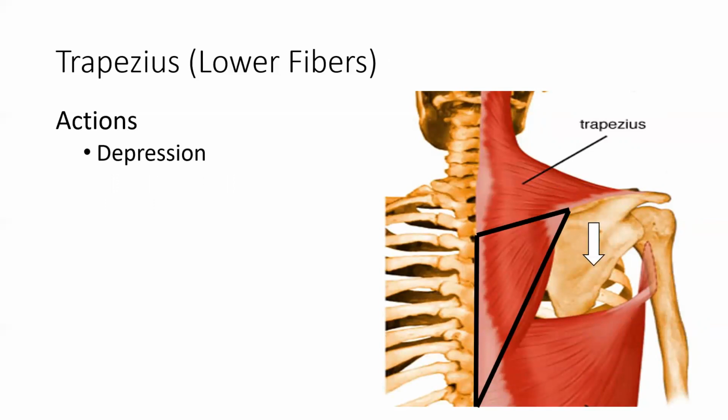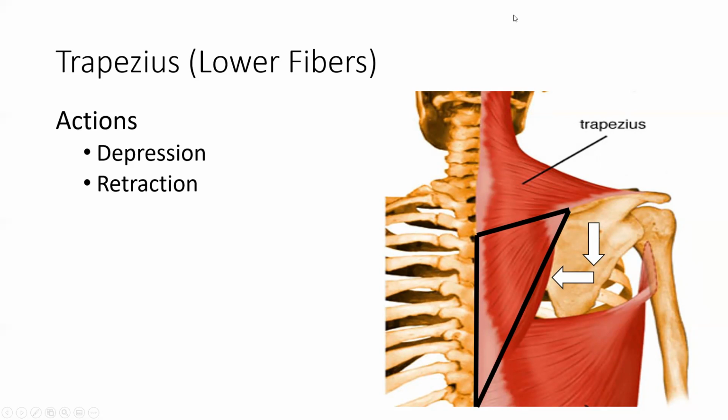We can also see from the lower trapezius that the line of pull is different compared to especially the upper trapezius and slightly different from the middle trapezius. This line moves from a more superior insertion site to a more inferior origin site. So we're going to see scapular depression here, bringing the scapula down. We're going to see retraction because we have that lateral insertion line.